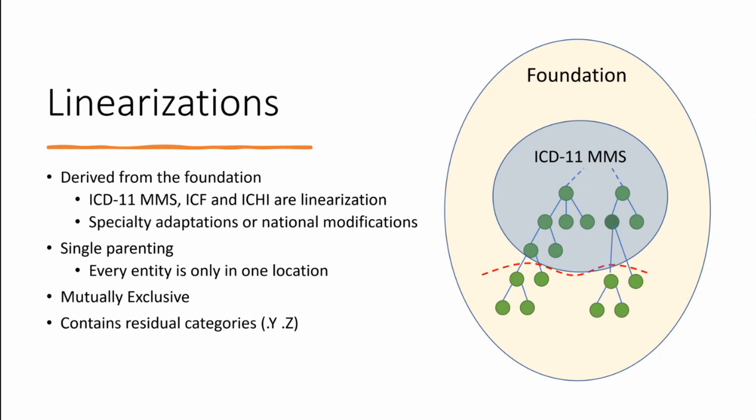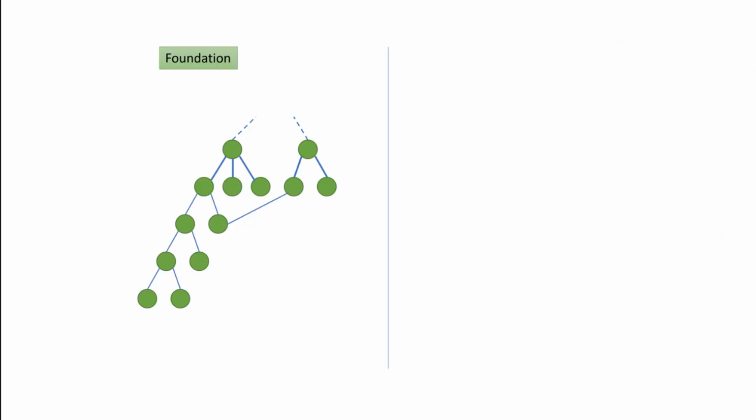In the foundation, we don't have this other specified something or unspecified and things like that. They don't belong to the concept of an ontology, but they are needed certainly in the linearization. Therefore, during the linearization generation, we add these things in the locations where they are needed. So here is an illustration of our foundation, and as you see this blinking part, one entity has two parents.